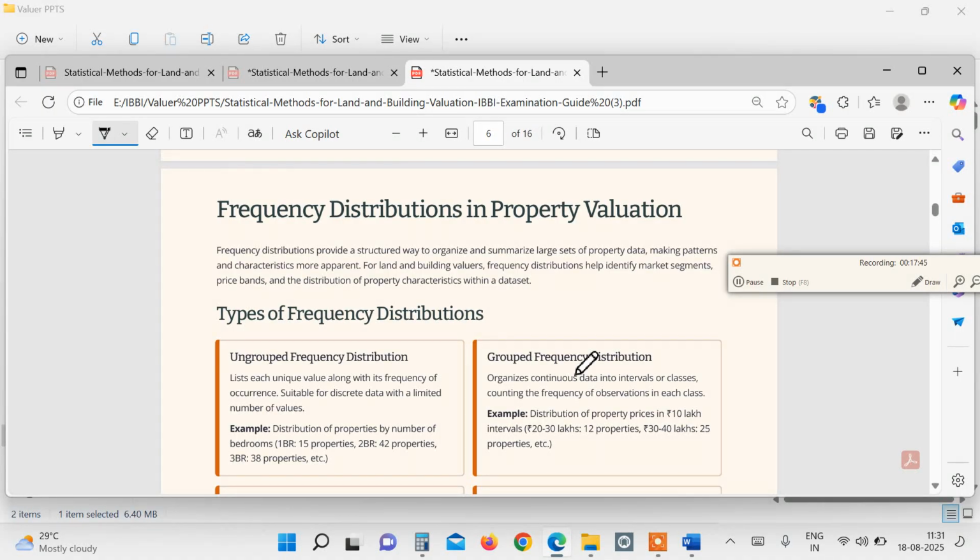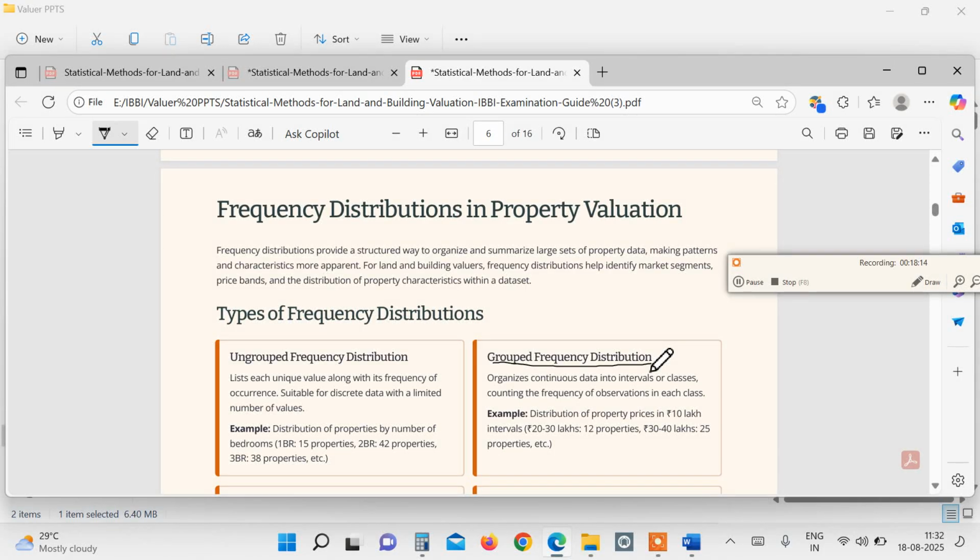For example, you distribute properties by number of bedrooms. For example, one bedroom, 15 properties, two bedroom, 42 properties, three bedroom, 38 properties. So in this way, you can do ungrouped frequency distribution.